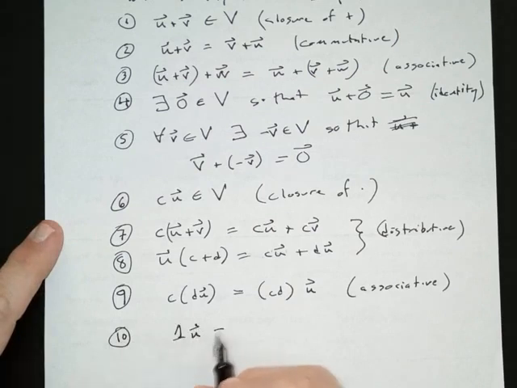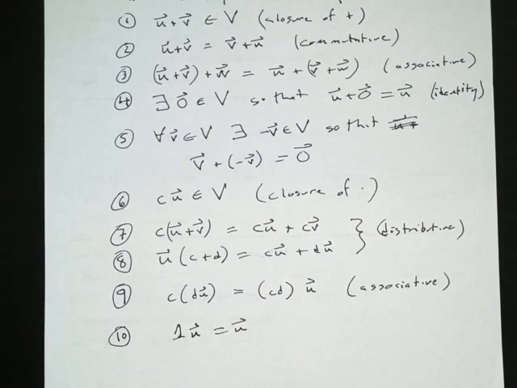Multiplying by 1 doesn't change your vector. That is a huge list. But any set of things that obeys all 10 of these rules is a vector space. All of the vector spaces we've been dealing with, Rn, works perfectly here. That is my prime example of a vector space, Rn.